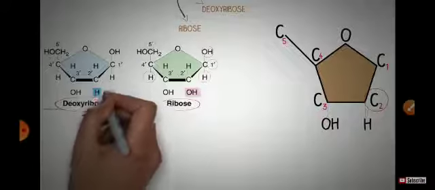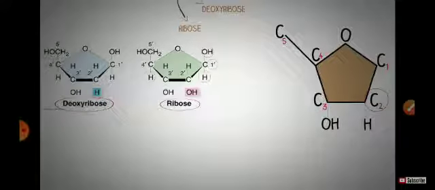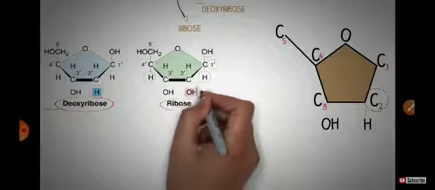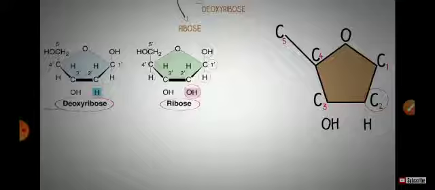And therefore, because of the presence of 2 hydroxyl groups, ribose is more active, it has more functional groups, and therefore it is more unstable in nature, whereas deoxyribose is more stable. So the basic difference is the presence of H and OH on the 2nd prime position.